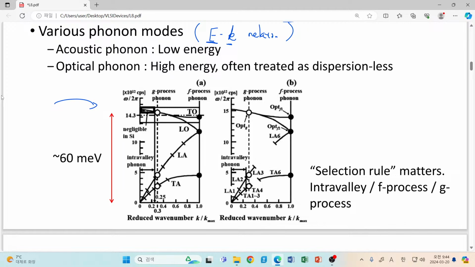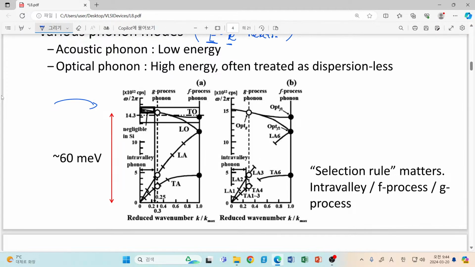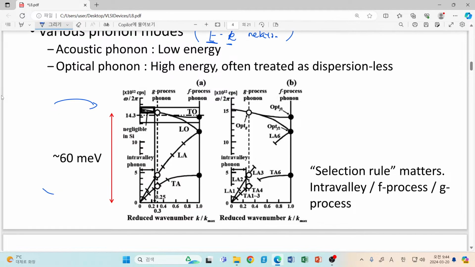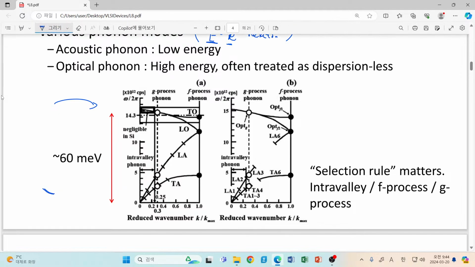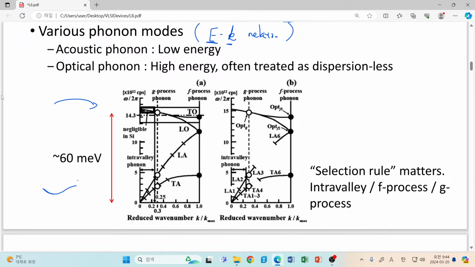But in our actual consideration, please think about our silicon case. Our silicon conduction band actually looks something like this.